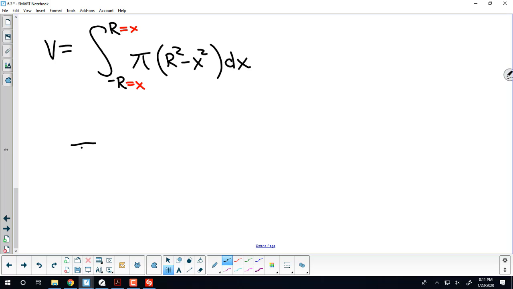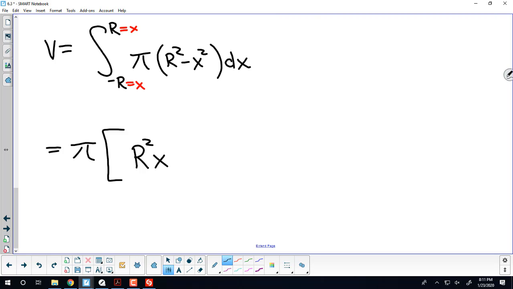Okay, the pi is constant, we'll pull that out. What's the antiderivative of R squared with respect to x? X times R squared, y'all agree? What is R squared with respect to x? Is it a function of x? Clearly not. R squared with respect to x is a constant.